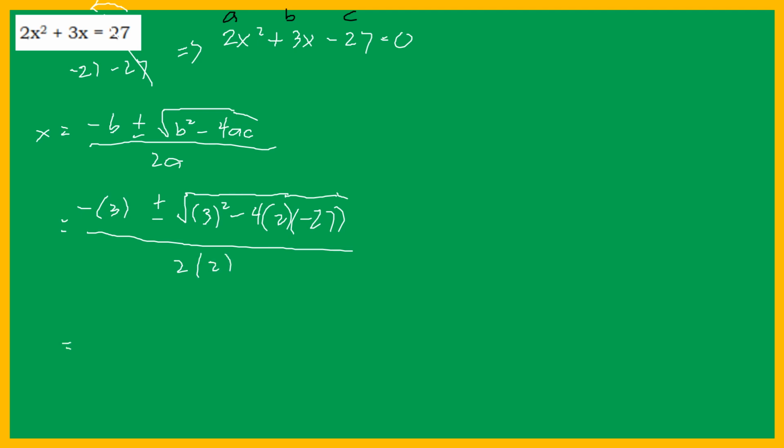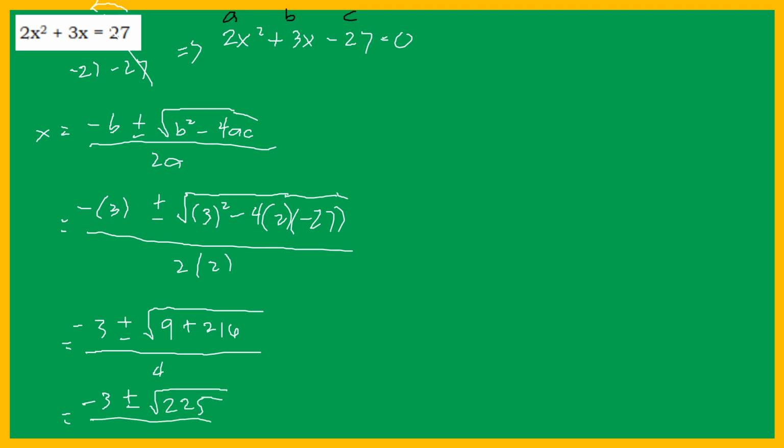Then simplifying, we will have negative 3 plus or minus the square root of 9, then negative 4 times 2 is negative 8 times negative 27 is 216. So that would be plus 216 all over 4. And then we will have negative 3 plus or minus the square root of 9 plus 216 is 225 all over 4.